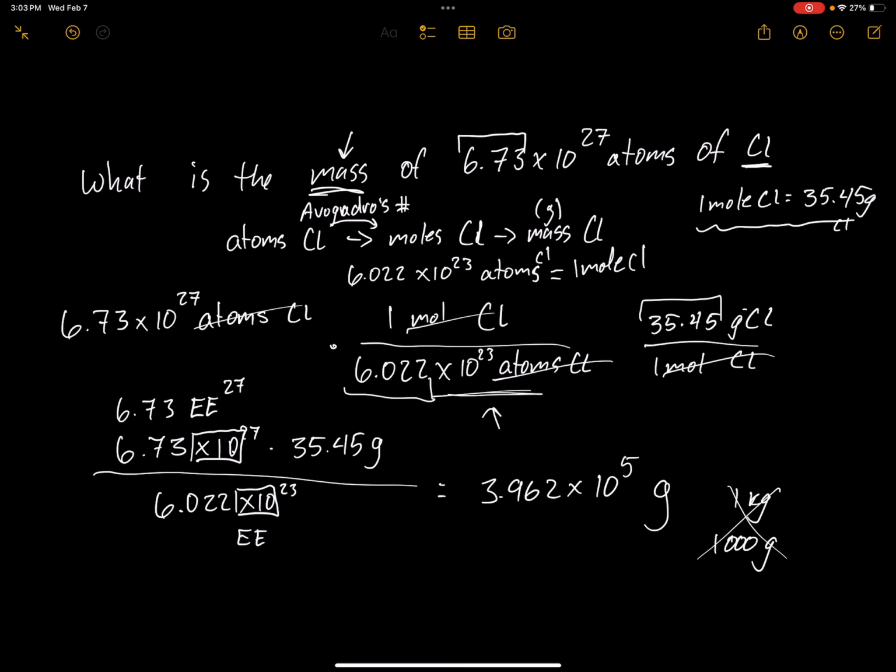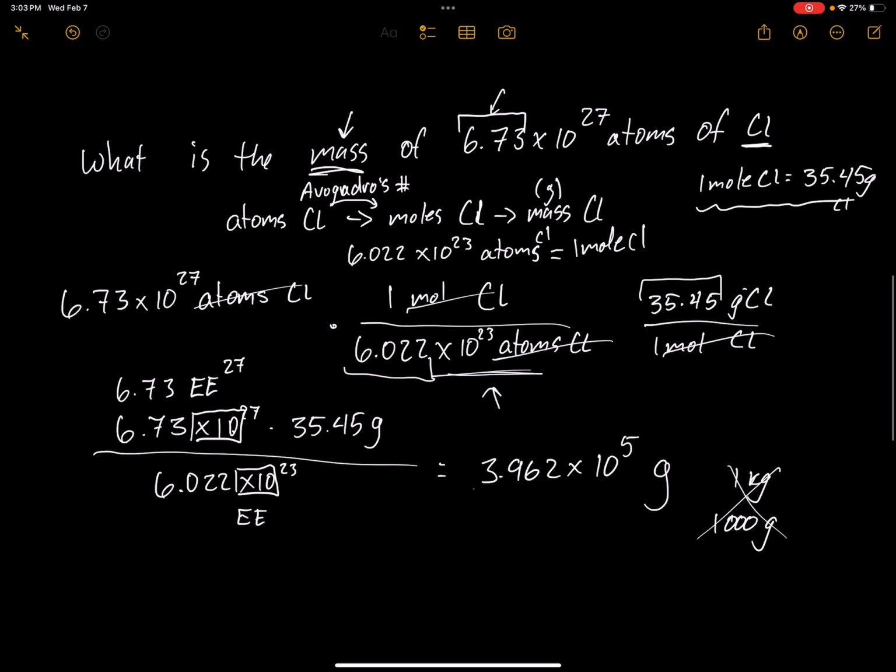But either way, 3 is less than Avogadro's number anyway. So I'm going to round this right here to 3 sig figs, the 3 leftmost significant figures, and this rounds that 6 down to the floor, so it's going to be just 3.96 times 10 to the 5th grams of chlorine, just like that.